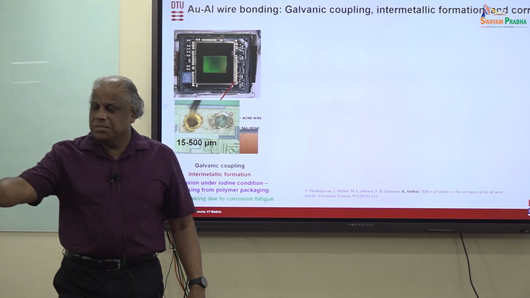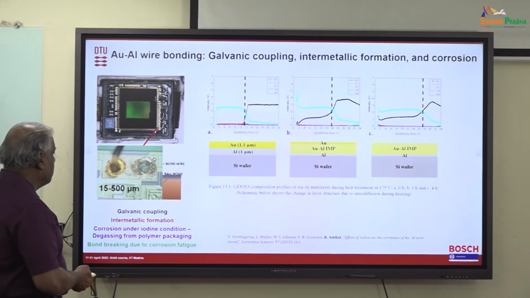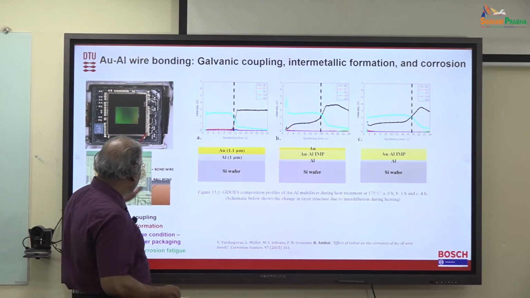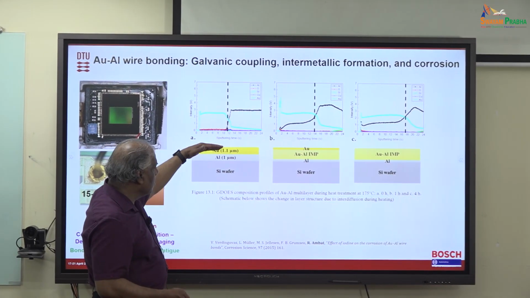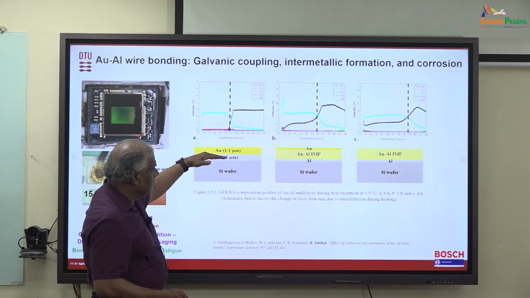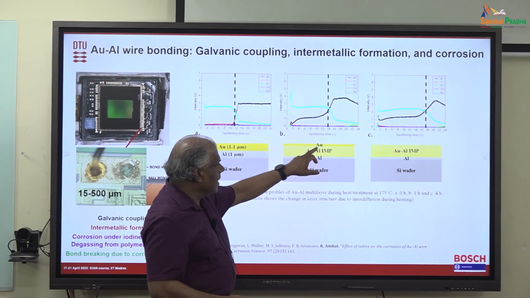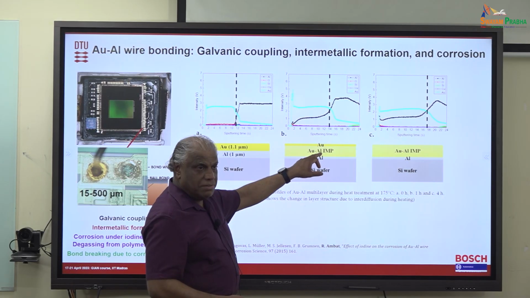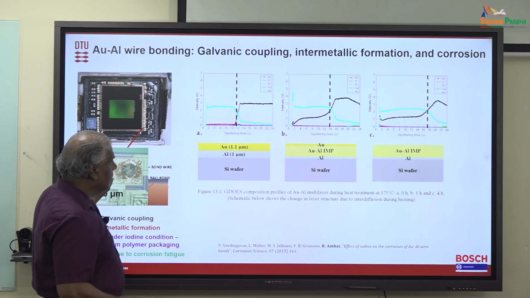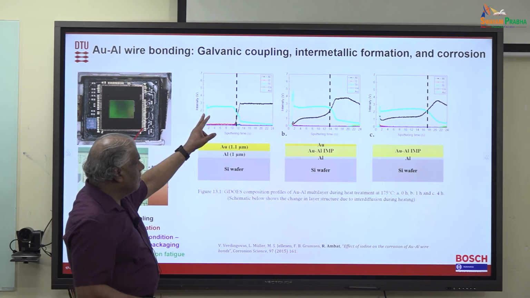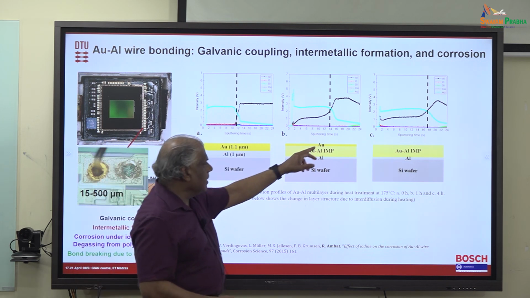So we did a lot of experiments to try to understand how this is occurring. Instead of taking the wire bonding, we took a very simple system where you have a gold coating and an aluminum coating, and then we do a heat treatment to create these intermetallic particles between the layers, to mimic what happens at the interface. This shows glow discharge optical emission spectroscopy, sputtering to see how the intermetallic layer is forming.